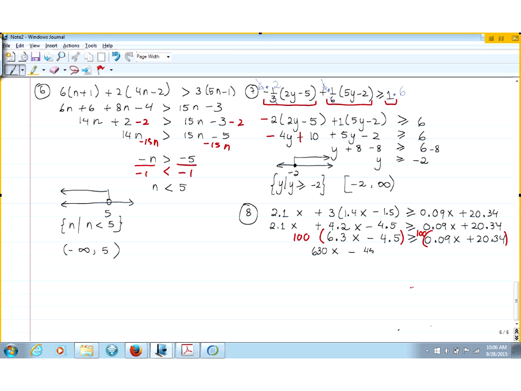630x minus 450 is greater than or equal to 9x plus 2034. Okay, good. So now add 450 to both sides.